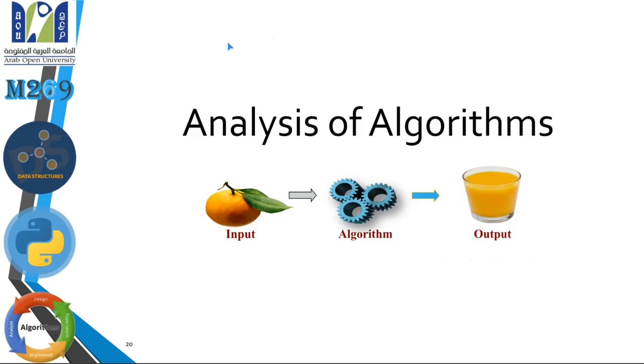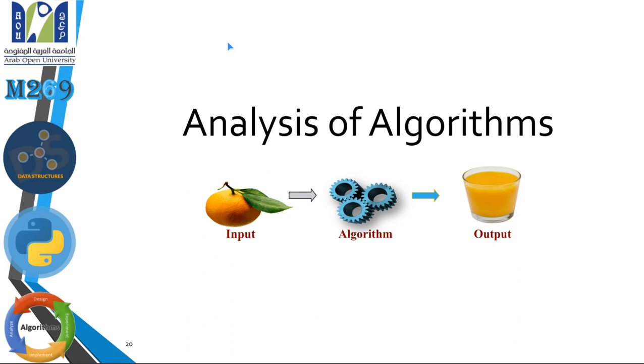So for the analysis of the algorithm, any type of algorithm is actually designed and developed to solve a problem. احنا بحاجة تصميم وبناء algorithm لحتى نحل مشكلة. So to solve a problem we need input, and the solution of the problem is the output.